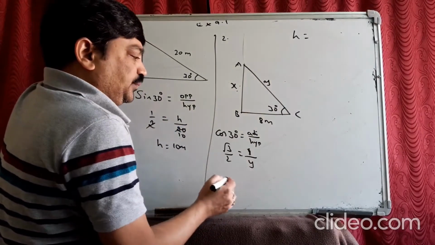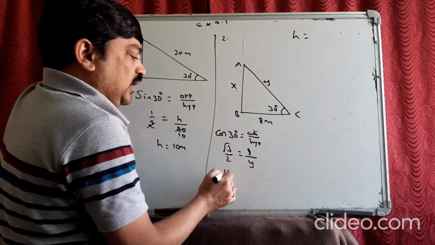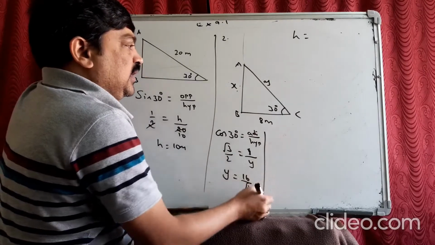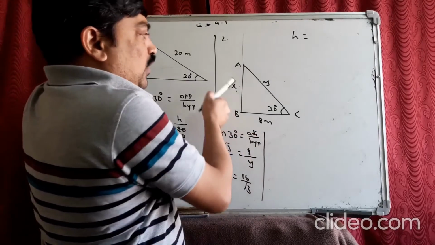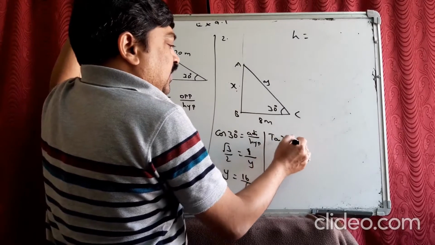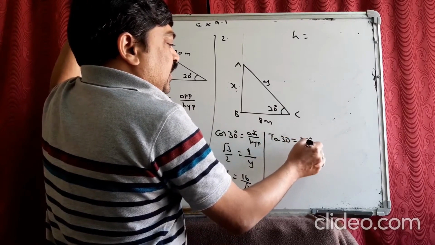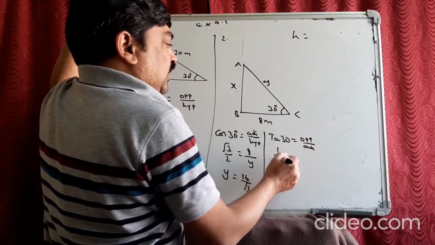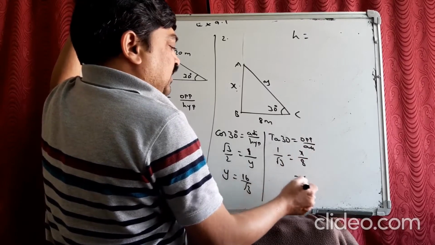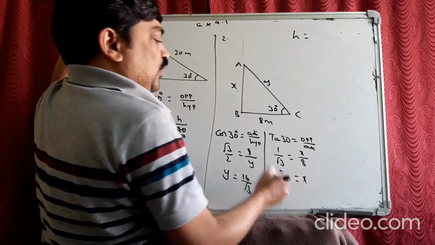When you cross multiply, bring y here, it becomes 16 by root 3. In the same way, to apply opposite and adjacent, I take tan 30, opposite by adjacent, it is 1 by root 3, equal to x by 8. If you want x, it becomes 8 by root 3.